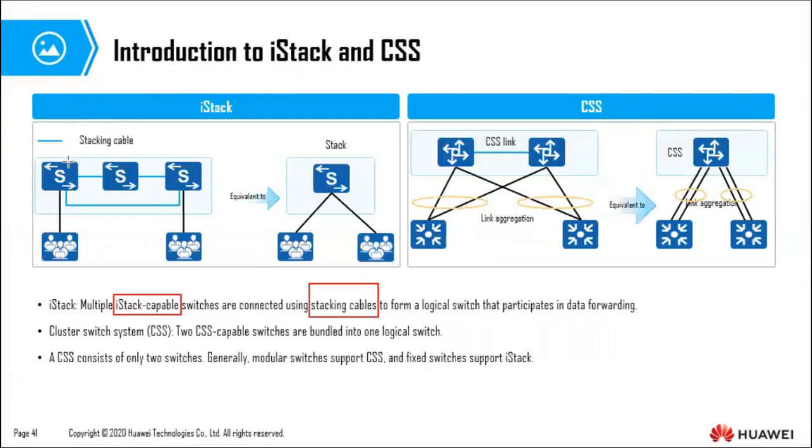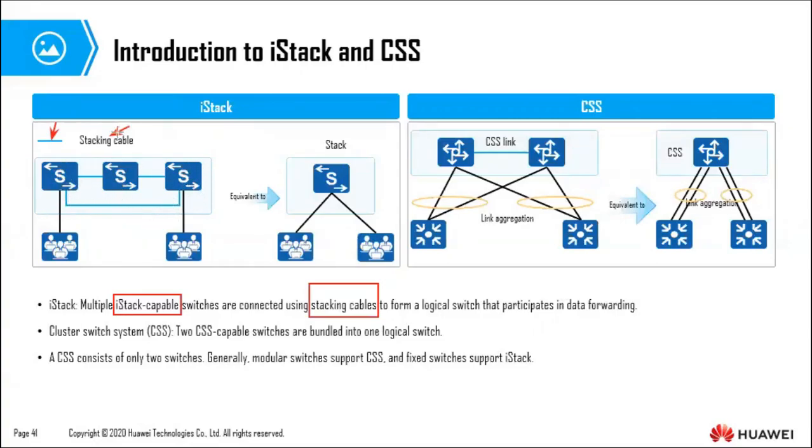These links that are colored blue are what we are calling stacking cables, a special kind of cable. So we have switch 1, switch 2, and switch 3. So we interconnect them in a ring topology. Are you seeing the ring topology? Because you've connected this one to this one, then this one to this one, then this one back to this one. So you connect them in a ring topology.